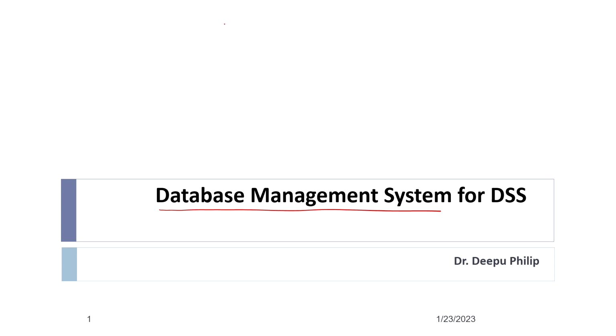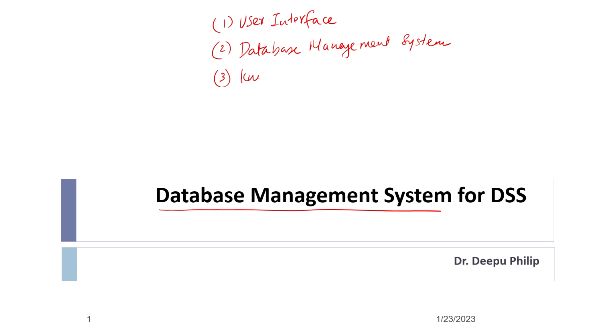Remember, we had talked about multiple components: the first one as the user interface, the second one was the database management system, the third one was the knowledge base management system, and then the last one was the model based management system.